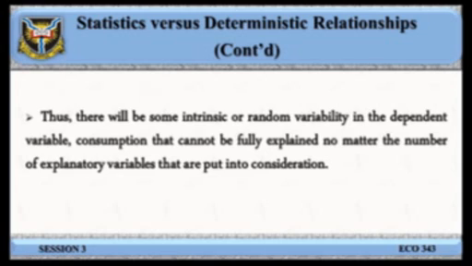Furthermore, in deterministic situations, we are confronted with relationships of the type of Newton's law of gravity, which states that every particle in the universe attracts every other particle with a force directly proportional to the product of their masses and inversely proportional to the square of the distance between them.